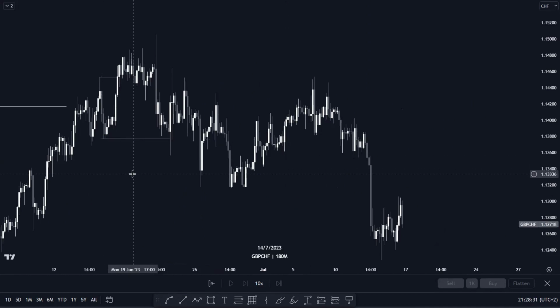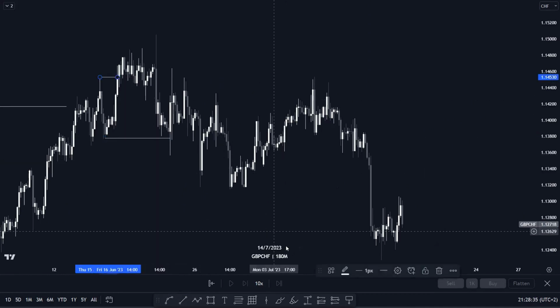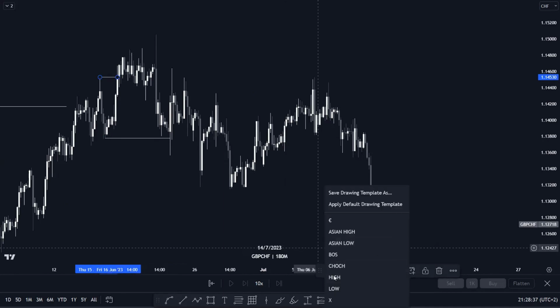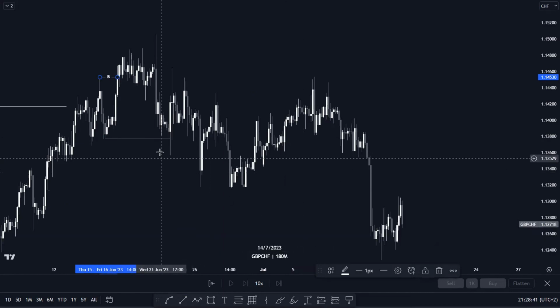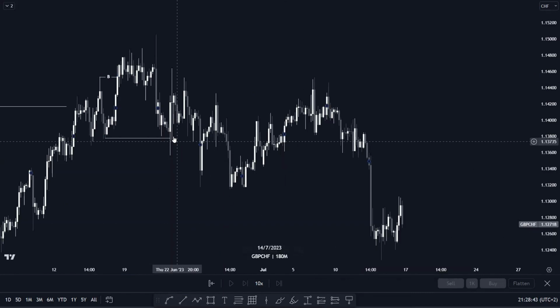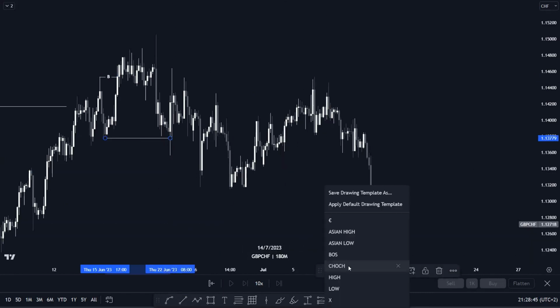So GBP CHF created this break of structure here, and this change of character here.